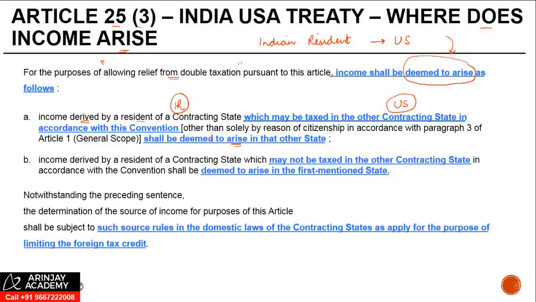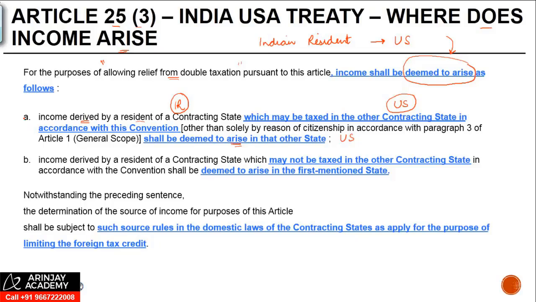So such an income which may be taxed in the US as per the treaty, except for incomes which are to be taxed solely on the basis of citizenship in the US, shall be deemed to be arising in the United States.